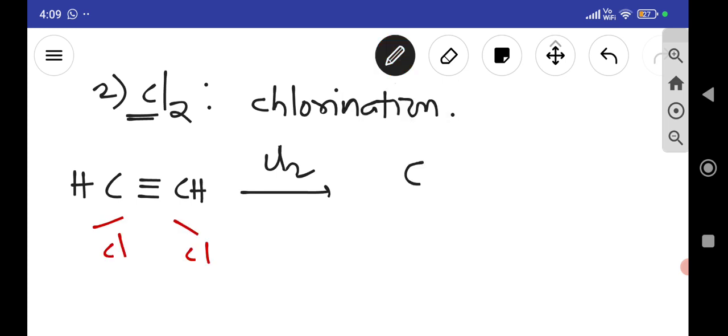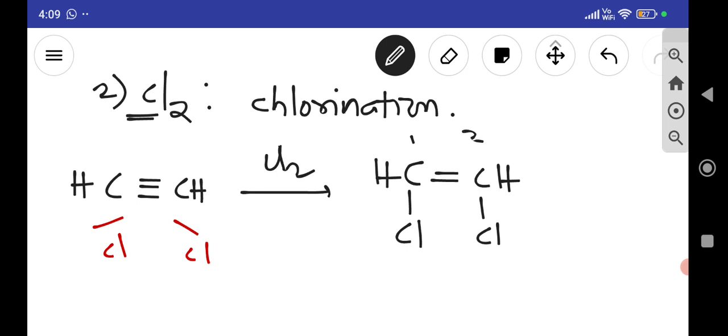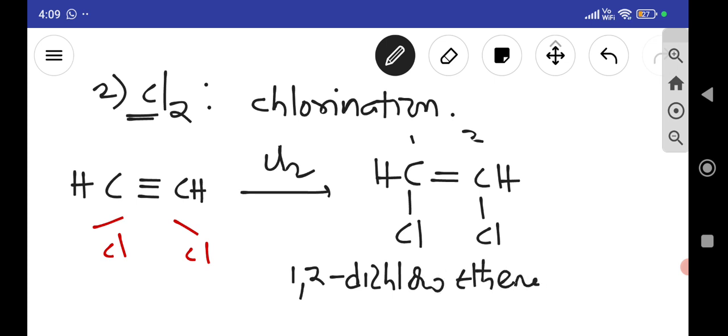So you are going to get Cl, CH double bond CH, Cl: first carbon, second carbon, 2 chlorines. So we can write it as 1,2-dichloroethene. Now there are unsaturated carbons here.